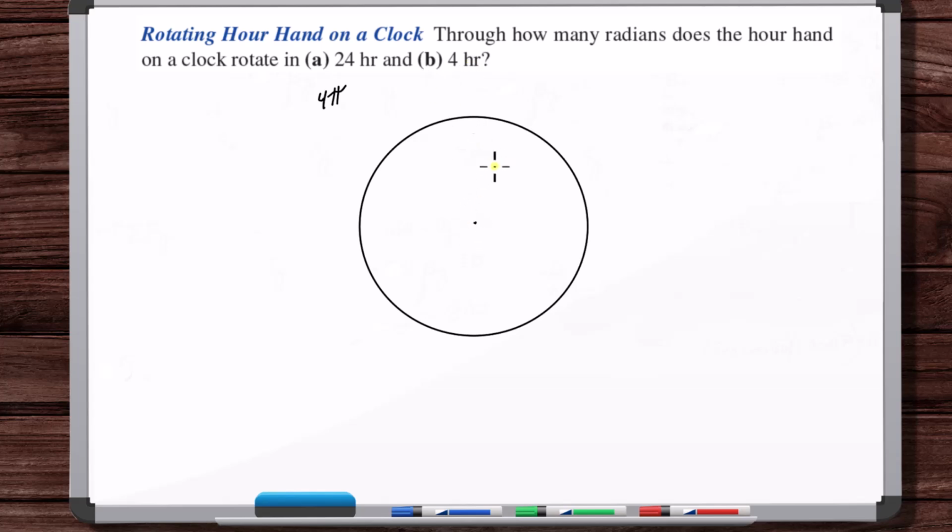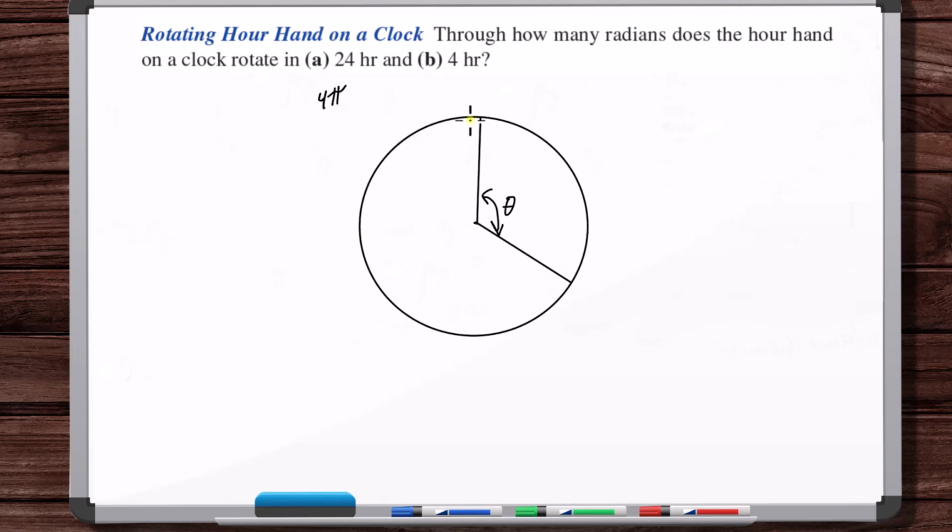If a clock goes through a 4-hour rotation, let's go from 12 to 4, which is about here. How many radians is this? Well, the hours divide the clock up into 12 pieces. 1, 2, 3, that's 3 pieces. Then another 3. Then another 3.